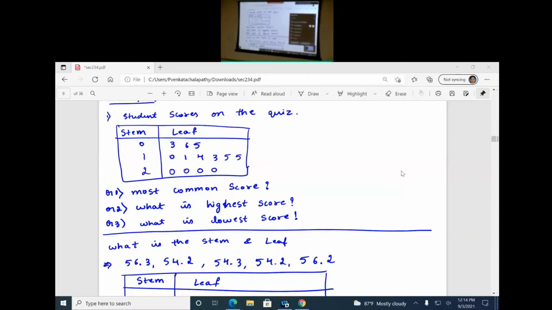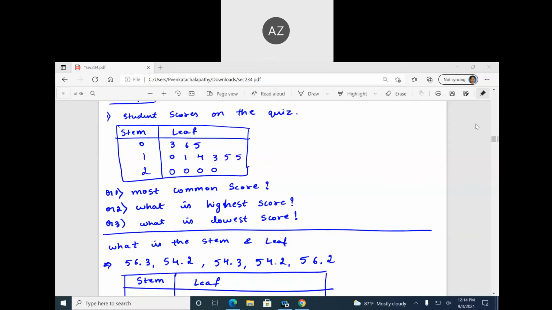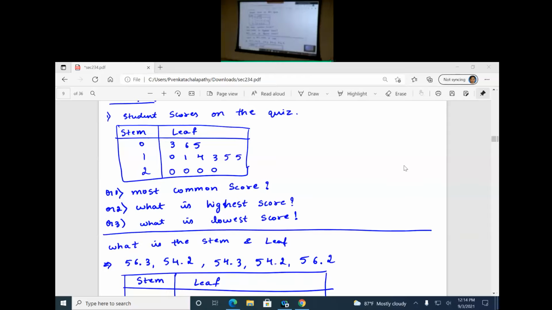Is it 3? Yes. So if you see, it is very easy to observe the data and answer these questions, right? So that's one of the advantages of stem and leaf. But you cannot construct this for a large data set, and that is the disadvantage.